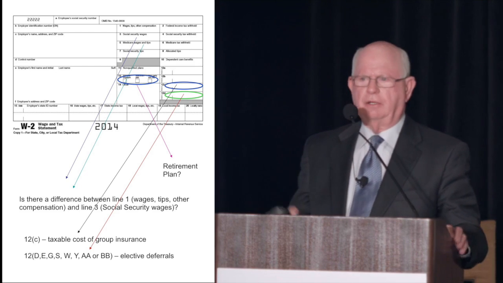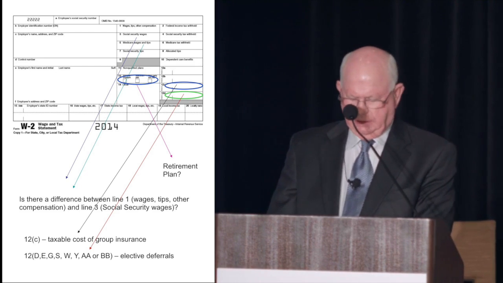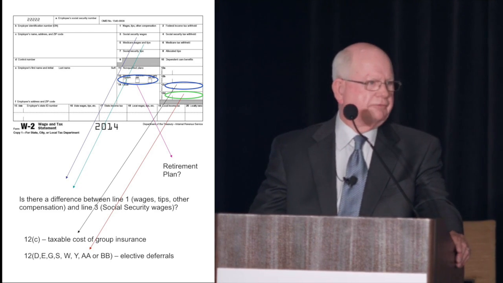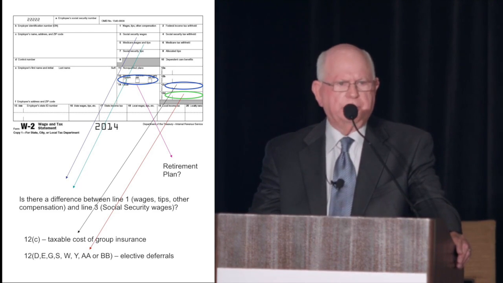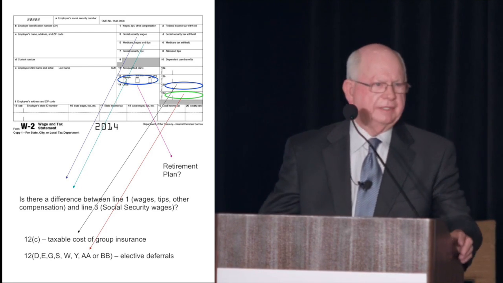And by the way, all this information is on the back of the W-2. Code AA indicates Roth contributions being made to a 401k plan, and code BB indicates Roth contributions are being made under a Section 403B plan. Now here's one I like.